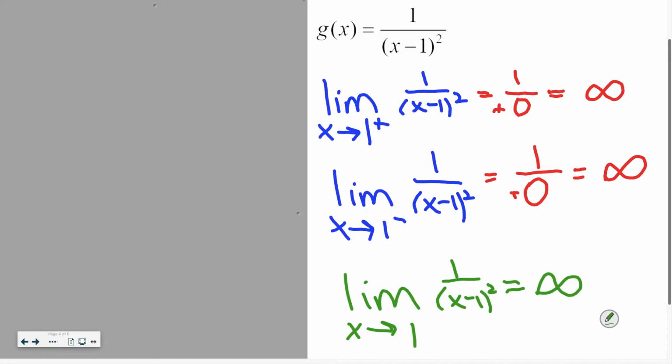Here's what I worry about for you. Right now, you're going to do your homework and you'll be like, yeah, this is great. And then I mix these in with all of the other limits, and I worry about you identifying that it's one that has a vertical asymptote. So really be careful when you are thinking about these problems. Does it have a vertical asymptote?